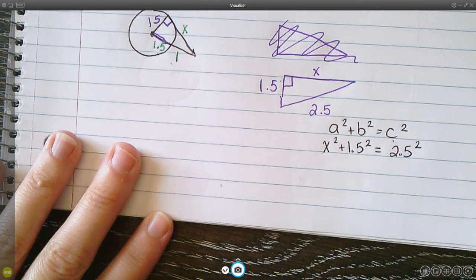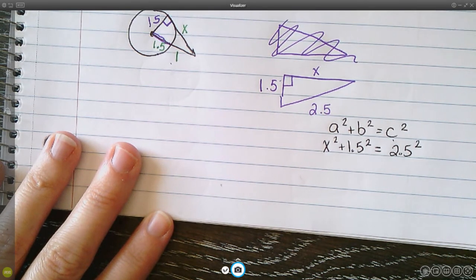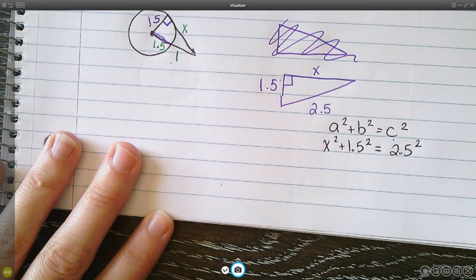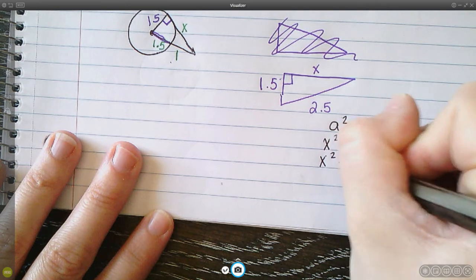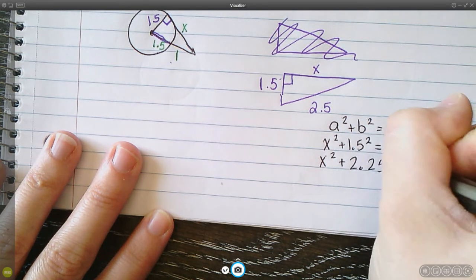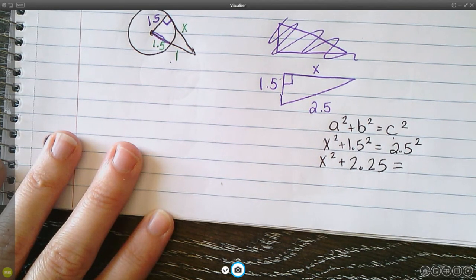Okay, so from here, you want to get out your calculator. So 1.5 squared is 2.25. So you're going to have x squared plus 2.25 equals 2.5 squared, which is 6.25.